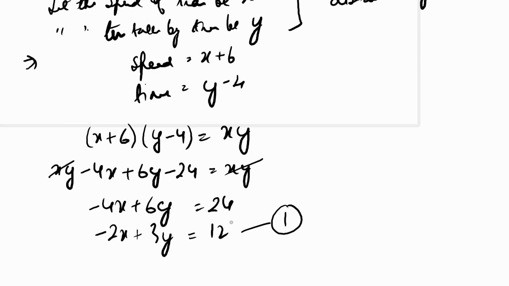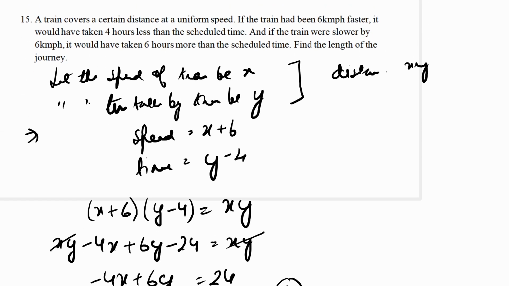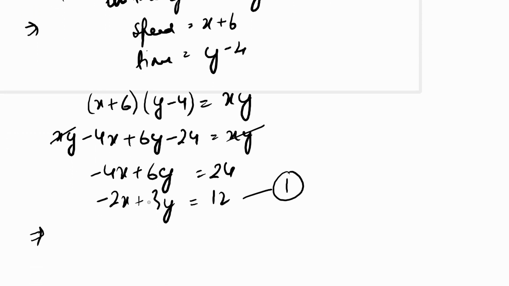Condition 2 is if the train were slower by 6 km per hour, it would have taken 6 hours more. If the speed would have been x minus 6, it would have taken 6 hours more.